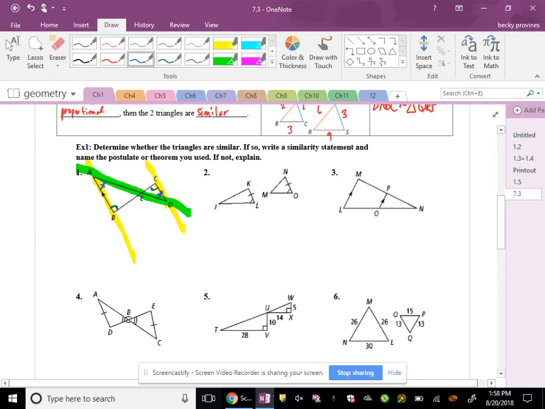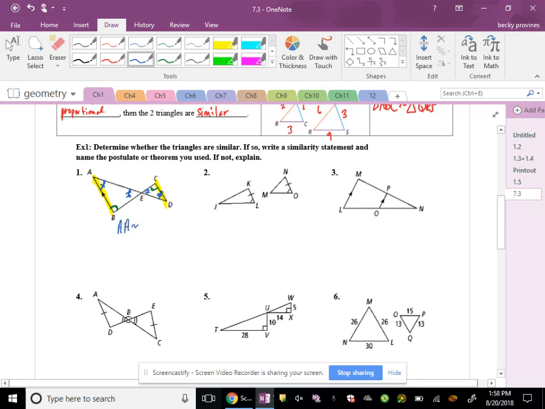Now, someone might say, what about vertical angles? You know what? Vertical angles are fine. If you looked at this and you said, oh, I see vertical angles here in the middle, then that could have been one of them that you chose. So as long as you're able to prove at least two of these, then you're going to say, yes, they're similar because of the angle-angle similarity theorem.